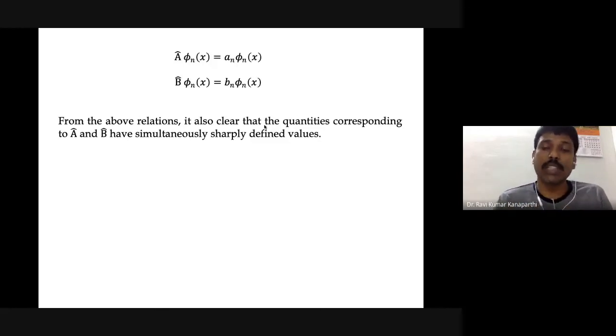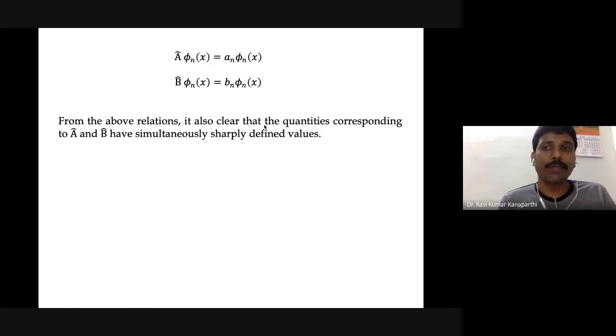Please remember that an operator is related to some observable. In quantum mechanics, corresponding to every measurable observable there is a linear Hermitian operator. So according to the operator definition, it is related to some physical or measurable quantity.